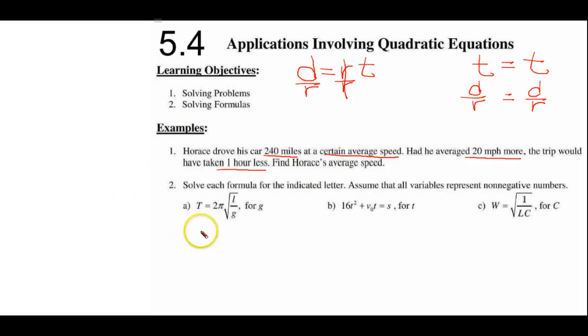So we can go over here maybe, and let's set up what we can here. And I want you to copy this in your booklets. Now we know the total distance. That stays the same. This is 240, and this is 240. And we know the average rate we can call r.